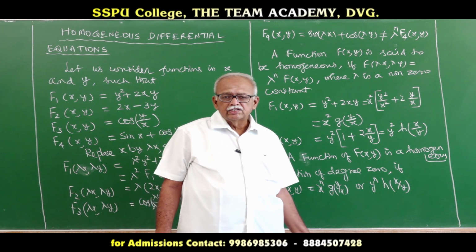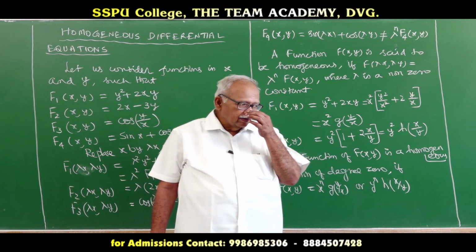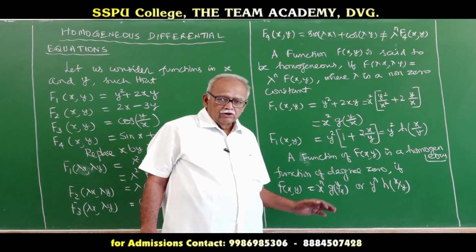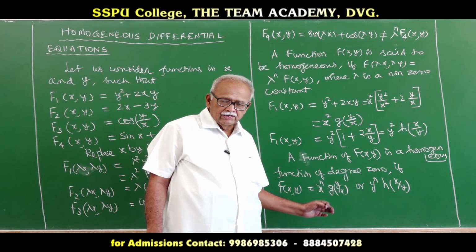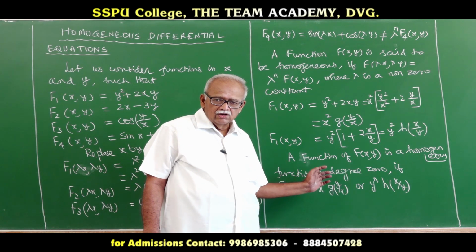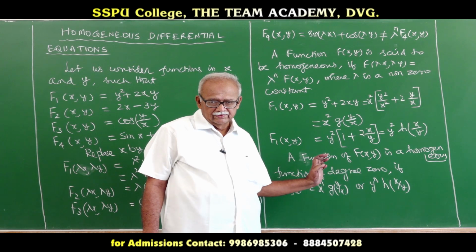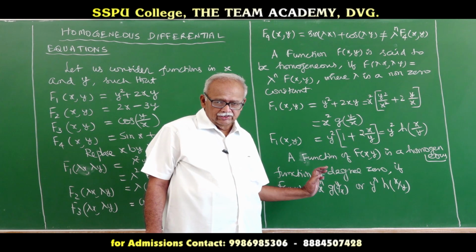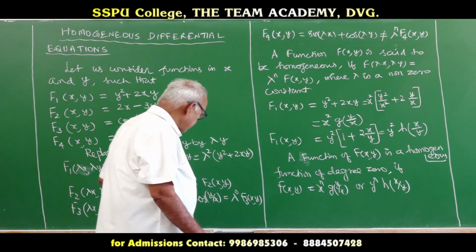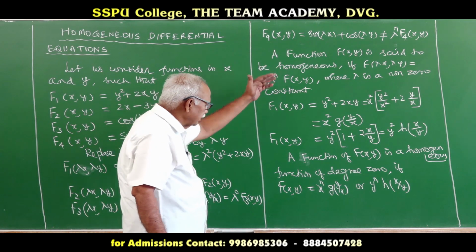So, what is a homogeneous differential equation? Very simple. A homogeneous differential equation is one in which the function is a homogeneous function of degree 0. So, two methods of defining homogeneous functions.